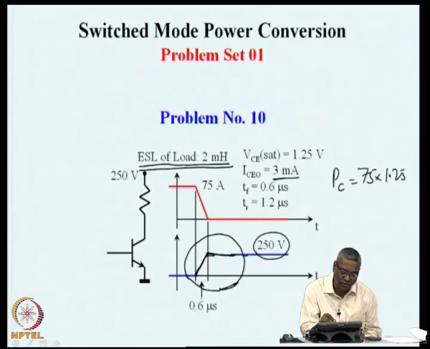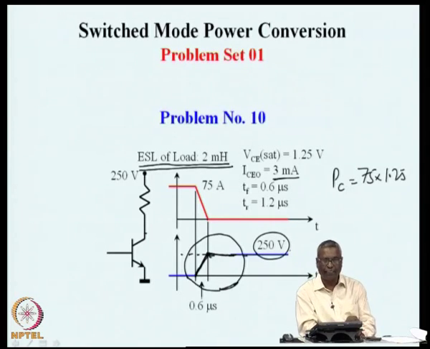As the current is dropping, the drop across this resistance is the instantaneous current into this resistance, which is going to be smaller than 250. So, what is reduced from the supply voltage is this IR drop. At the end of this time, when the current comes to 0, the voltage here will be the same as 250 volts, and that is what we see.